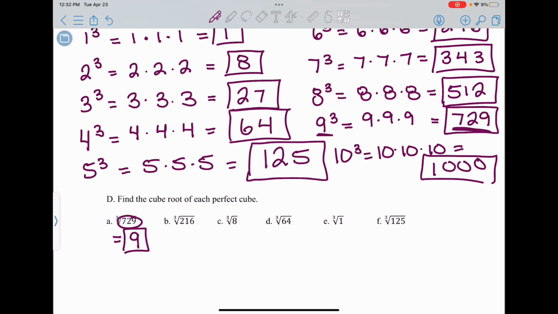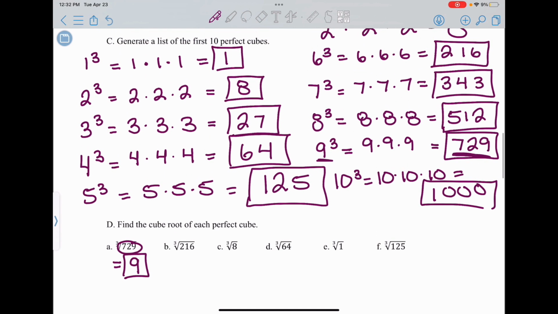That is asking what number multiplied by itself 3 times is 216, and that is 6. Next I have the cube root of 8. So locating 8, I see that 2 times 2 times 2 is 8. Next I have 64. I get 64 by multiplying 4 by itself 3 times.